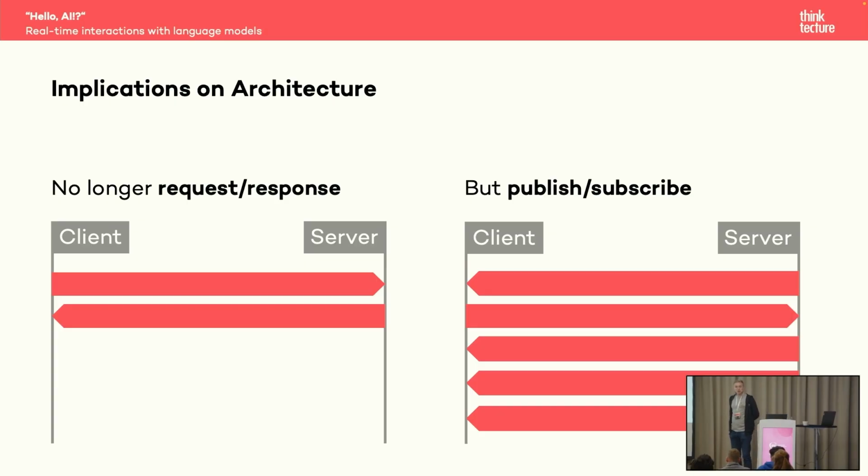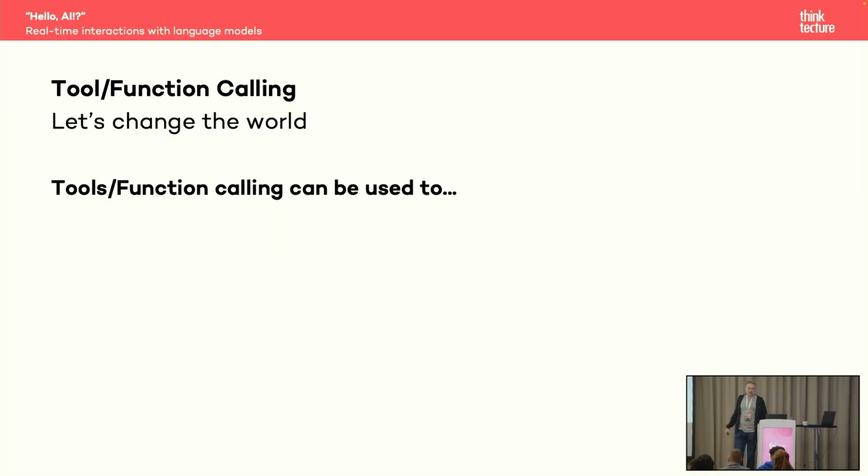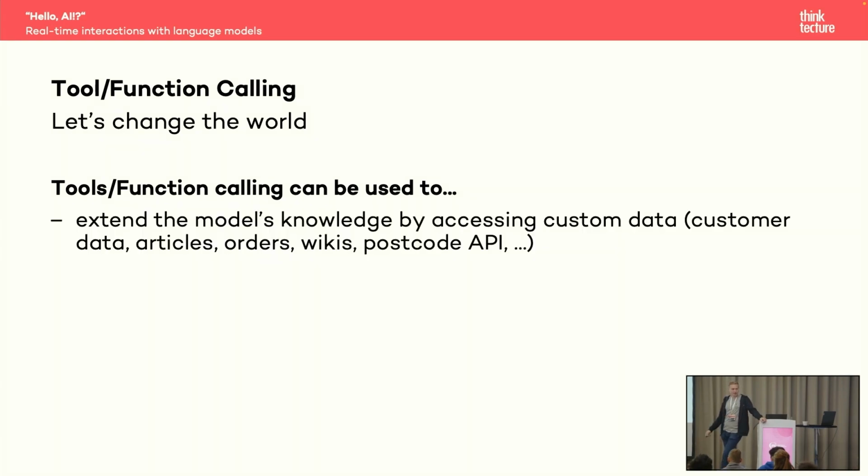All right, that's cool and all, but now we want to change the world, and of course the way for AI models to change the world is MCP servers and tool and function calling, right? So connecting the AI model to real-world services, and so we can use tool and function calling to do exactly that. For example, to extend the model's knowledge by accessing custom data.